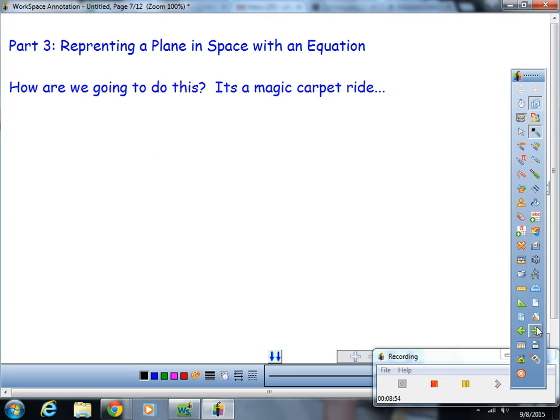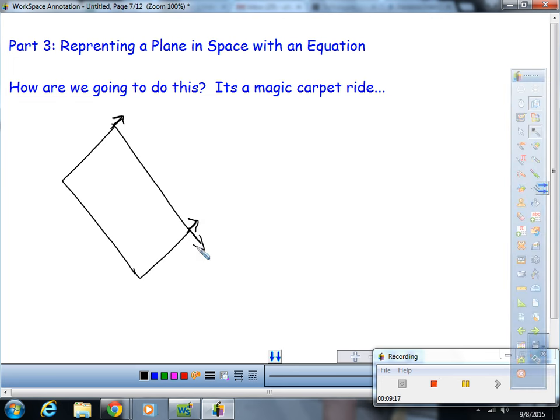So now we're going to talk about representing a plane with an equation or a set of equations. Okay, and this is going to be a little magic carpet ride. So how in the world are we going to describe to somebody? First of all, I want you to know that by definition, this plane is going on forever in every direction.